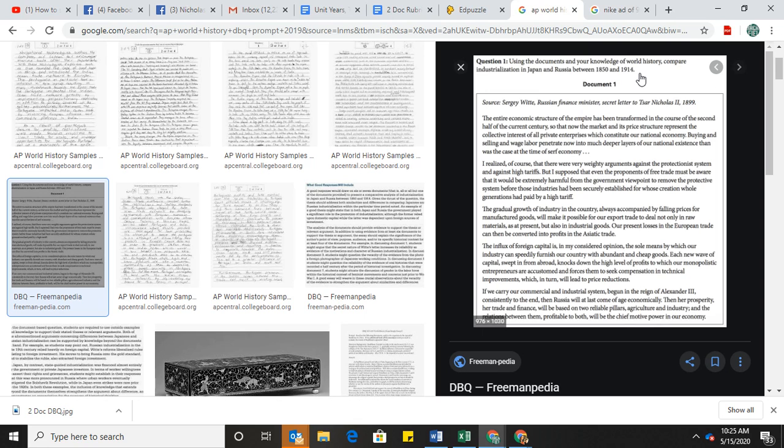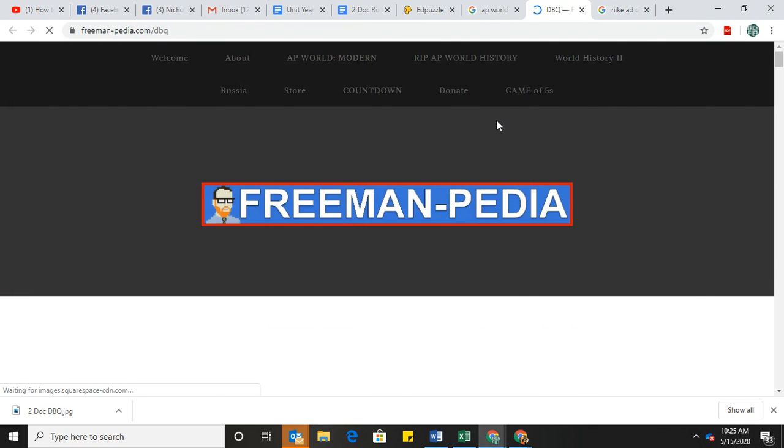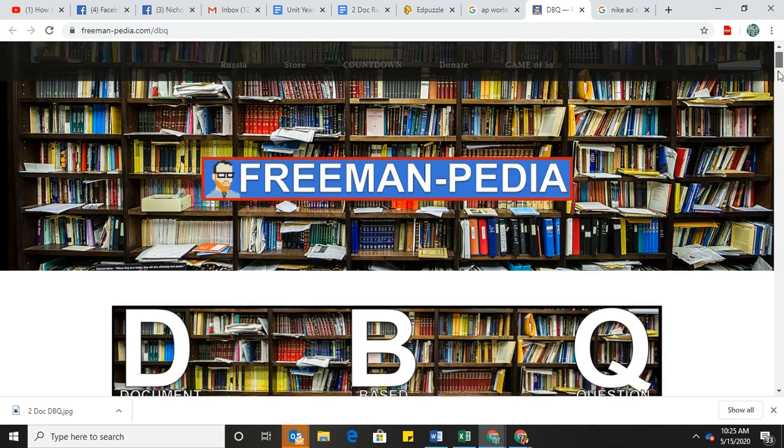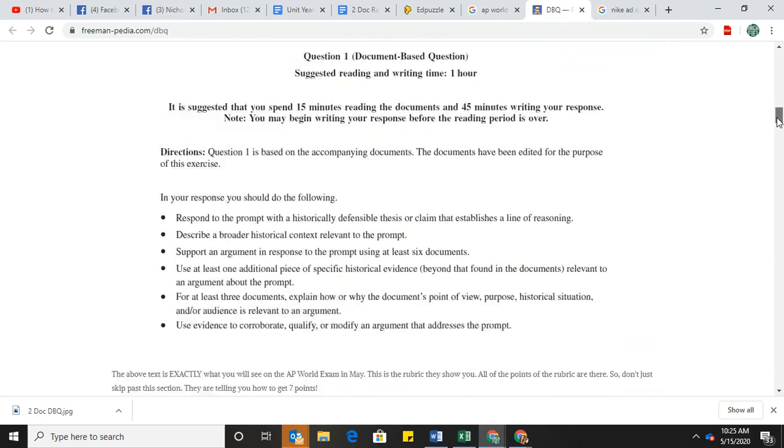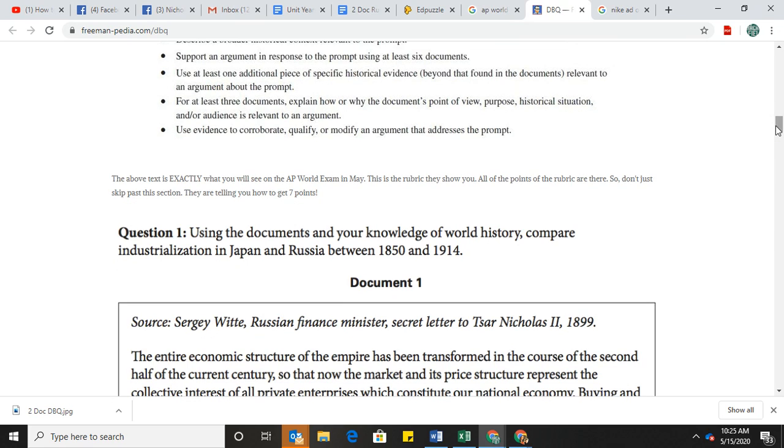Another thing I want to go over a little bit. If we go back to this prompt right here, one thing I think is really important is that you need to take a stand. One thing I'm seeing is going to be really detrimental to you. If you say Japan and Russia changed the world forever, that's not a really good argument.